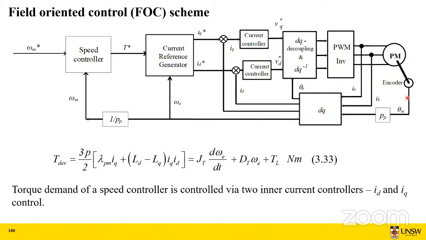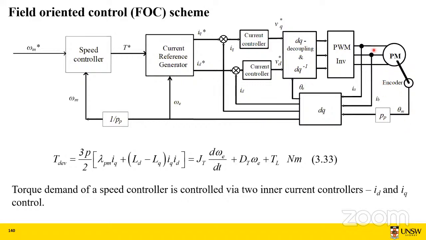You only need to get the theta signal from a sensor, and then this multiplication happens in your code, and this transformation happens in your code because it's just matrix algebra. And from there you get your ID current and IQ current.